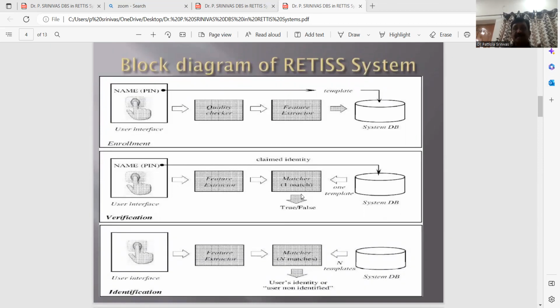Here is a block diagram of the RTS system. In the RTS system, three different types of process go on on the security side. The first one, compulsory, is enrollment. The second is verification, and the third is identification. Enrollment means you can enroll particular users in your system.